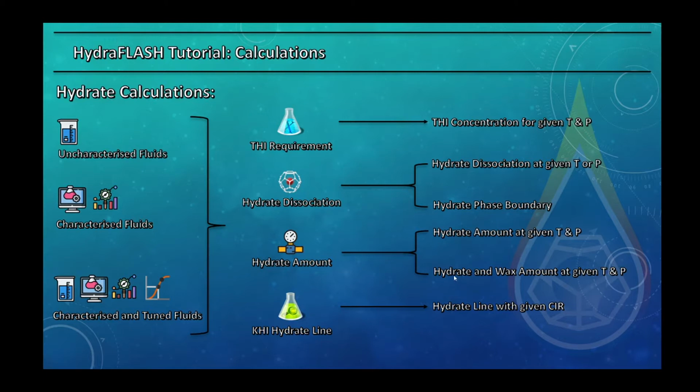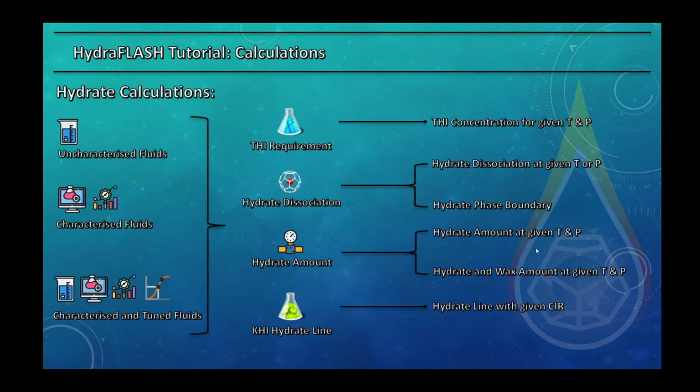The other feature of this calculation is that it tells you how much would be the amount of hydrate when wax is also present in the system. As far as we know, HydraFLASH is the only software which can predict the amount of hydrates and wax when hydrates and wax are present in the system at given temperature and pressure.